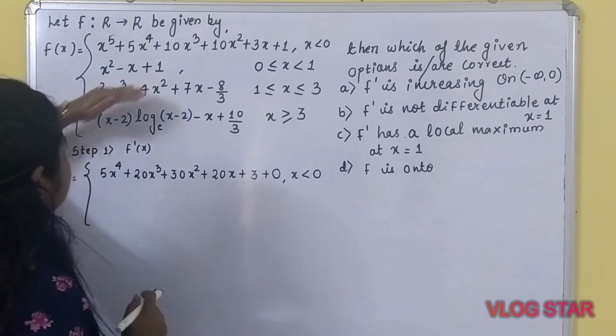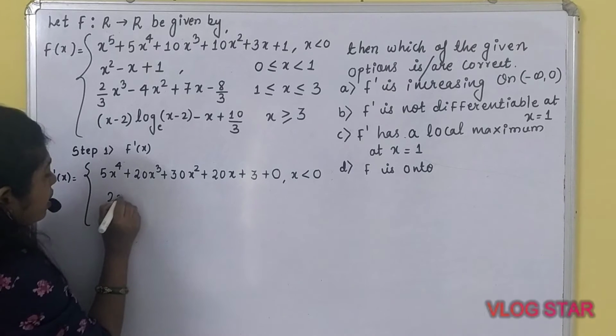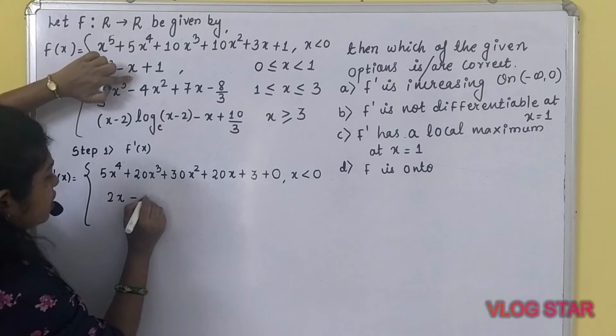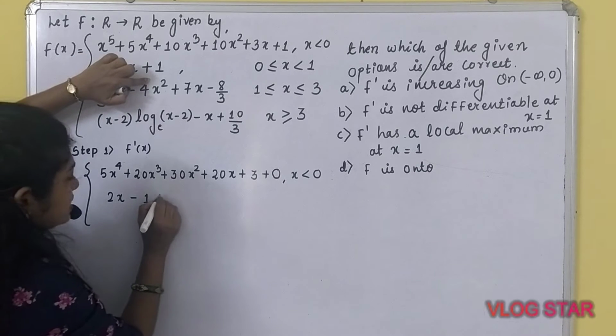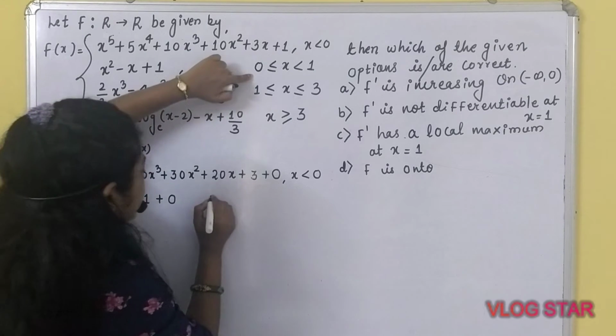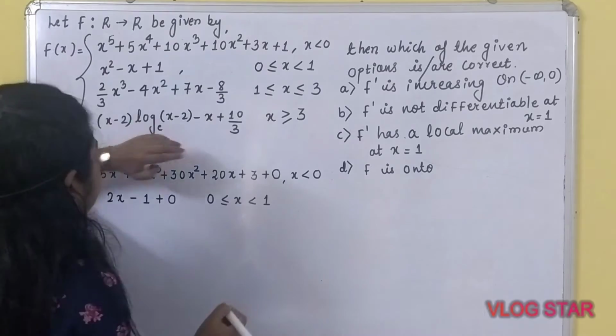Now coming to the second function, if you take the derivative of this function, you will get 2x minus the derivative of x, which is 1, plus the derivative of the constant term, which is 0, for x between 0 and 1.